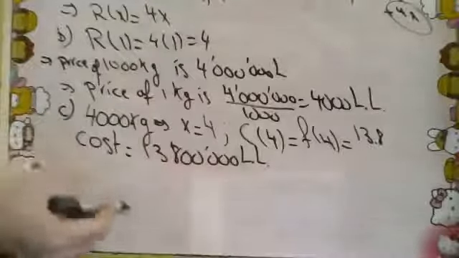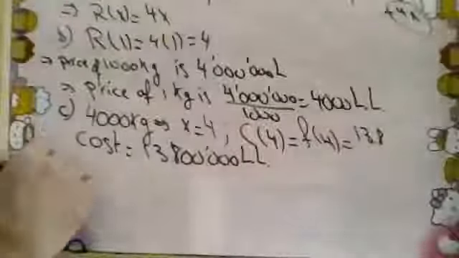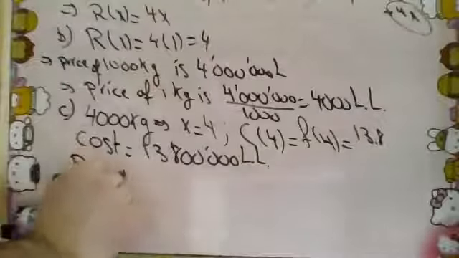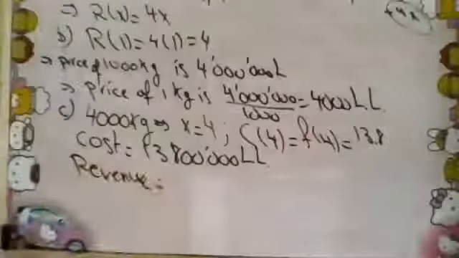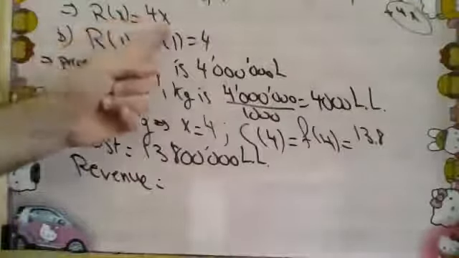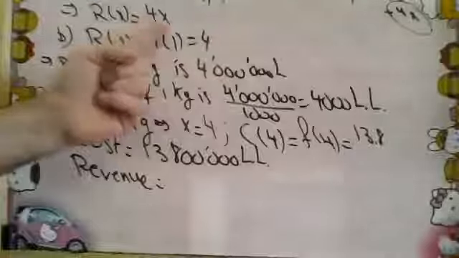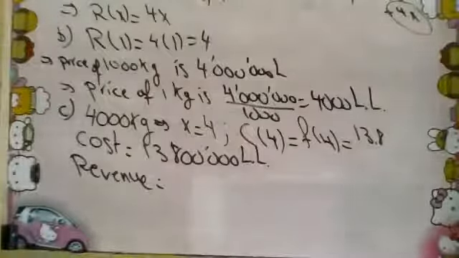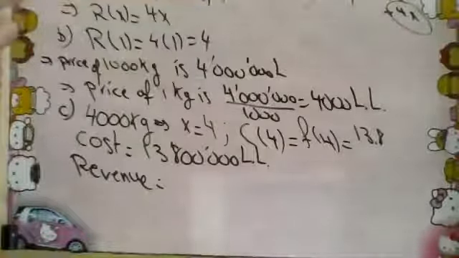But for the revenue of selling 3,000, you can do one of two things. Either you replace here 4 times 3, because in the question it does not come out 16 million, it comes out 12, because they said only 3,000 were sold.